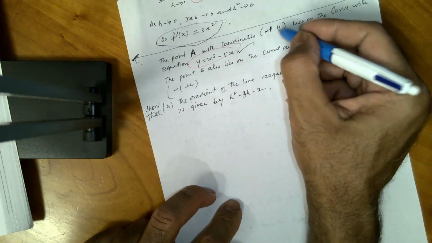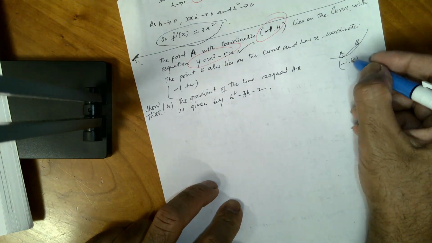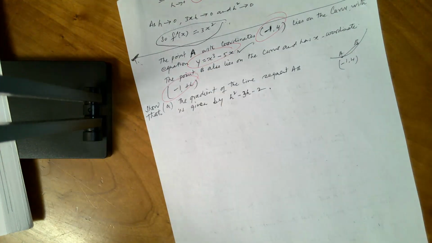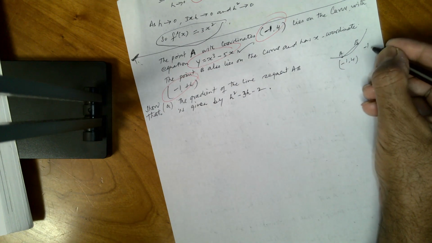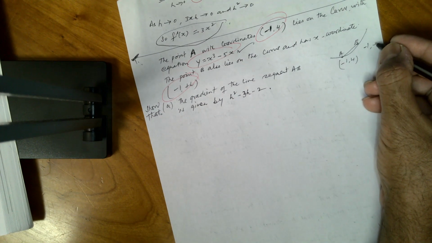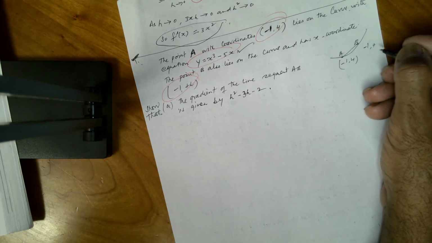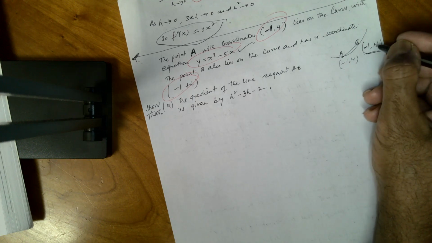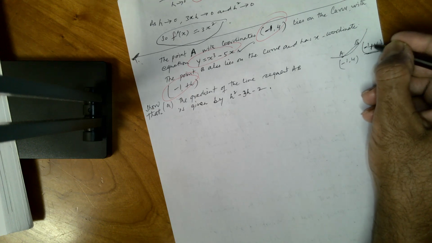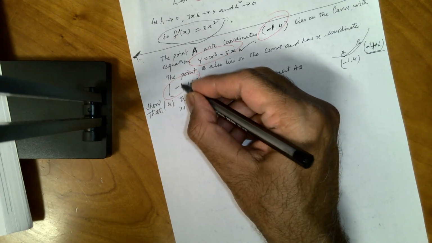Then you have your A coordinate and your B coordinate as well. Sorry, there's no comma here.